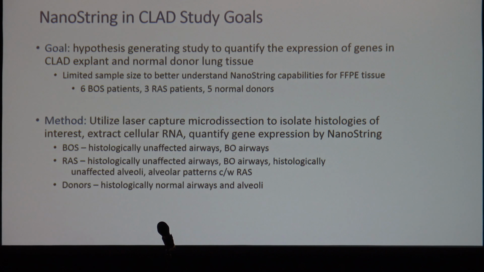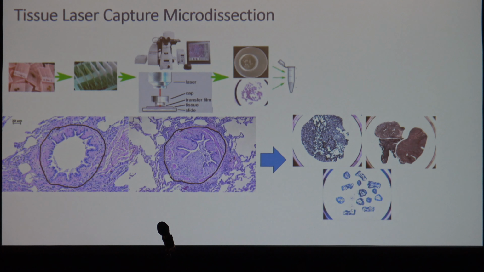For RAS, normal alveoli from the same patient, and then donor trimmings were used for this study. I think one of the things that Jamie highlighted throughout her talk was that there were many lessons learned during this whole process, and I worked with her on this, and it was exciting and frustrating at the same time.